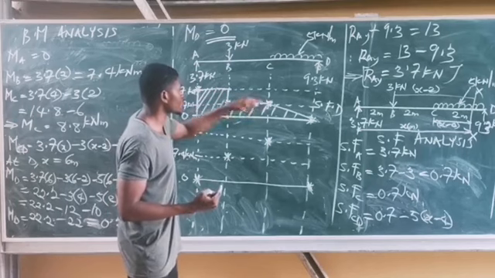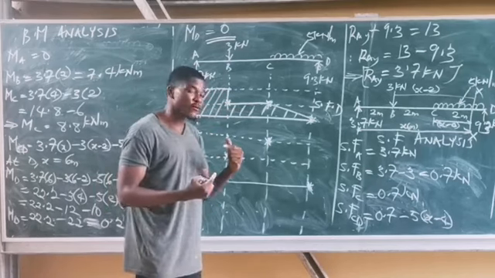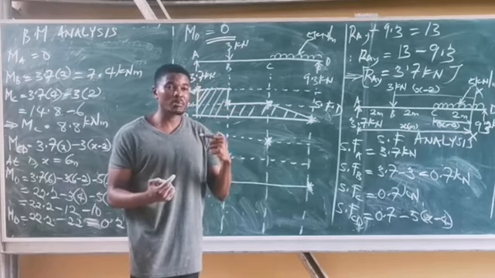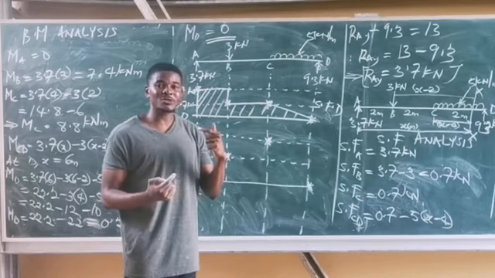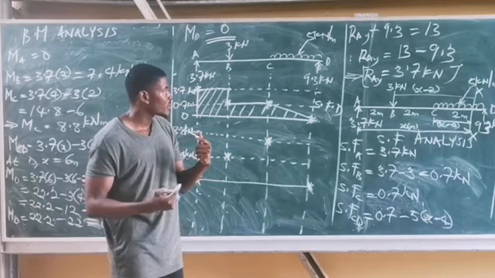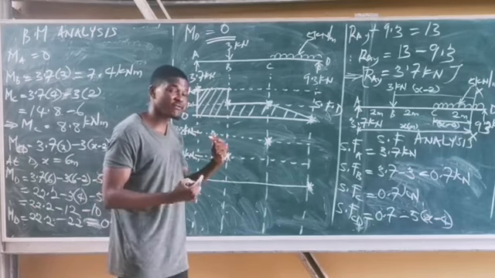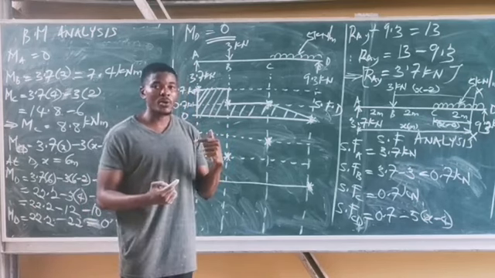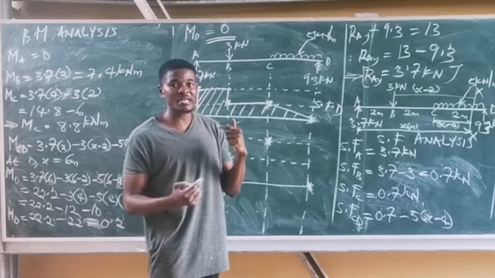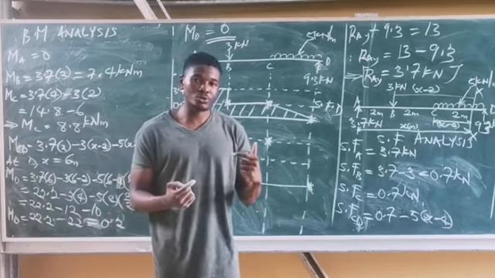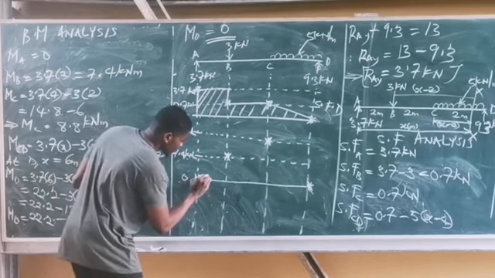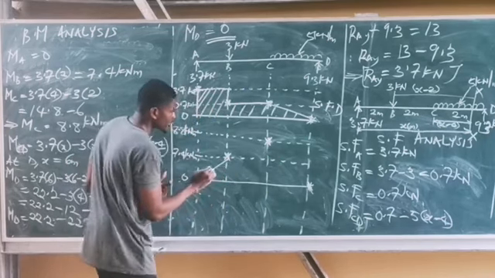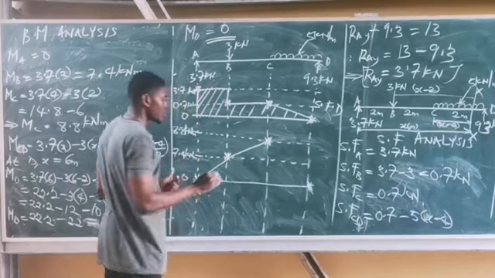But for moment analysis, the moment diagram for a point load is actually a slant line. It is a slant line for shear force with a UDL, but it is a slant line for the bending moment diagram of a point load. So we connect all the points from the origin, slant line, connect to point B, connect to point C.